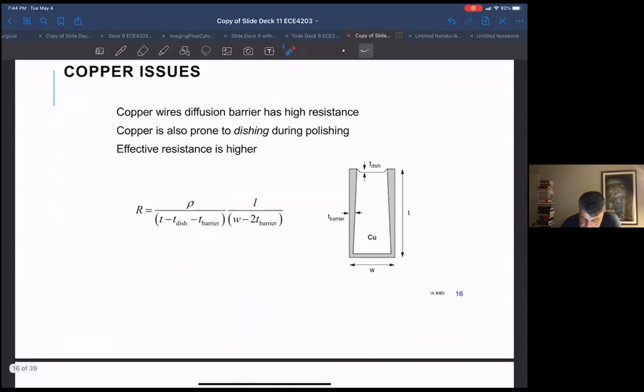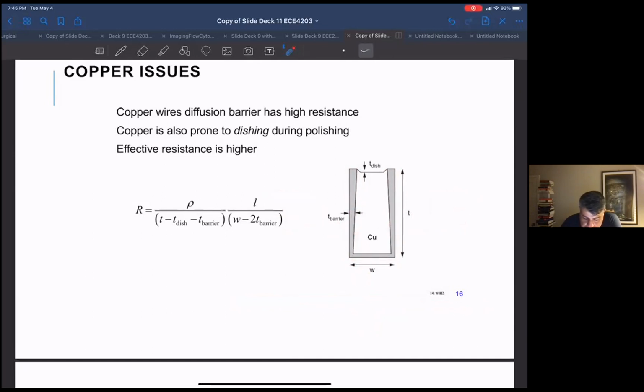Say this is a cross section, as if I've cut the chip and I'm looking at this. This would be, say, the silicon, and this would be a copper line going into the page. What you have to do is create this barrier around the copper so that the copper isn't really seeing our silicon dioxide intermetal dielectrics.